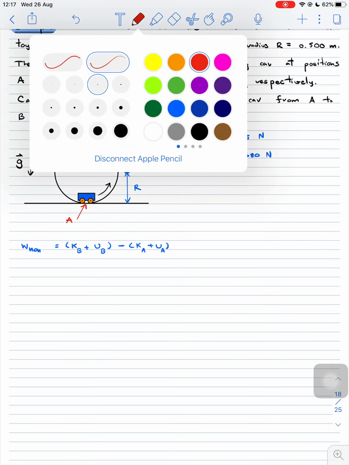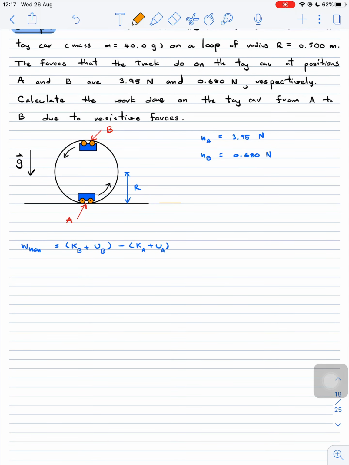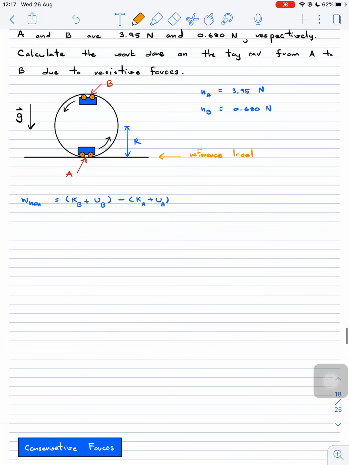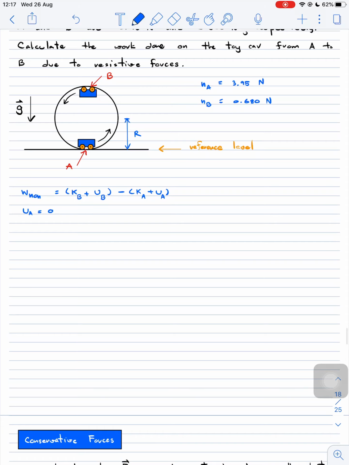Let's say that if I make this one to be the reference level, then we get that UA must be equal to 0, because it is exactly at the reference level.